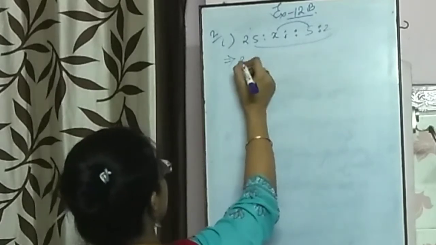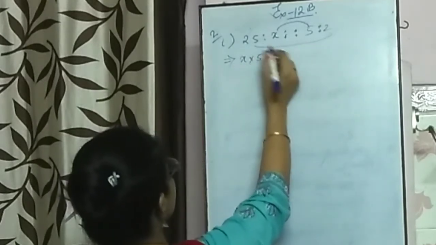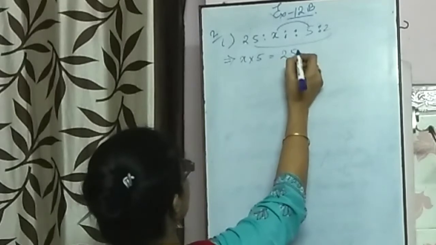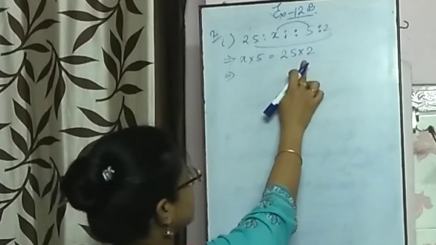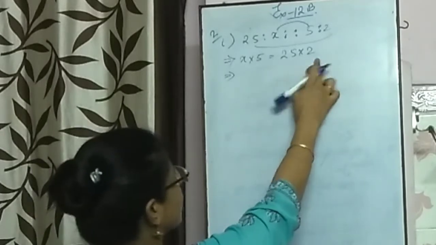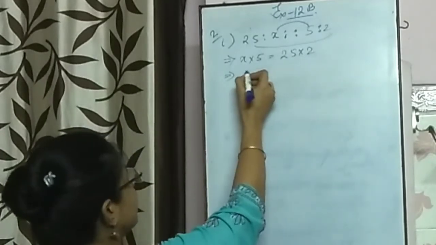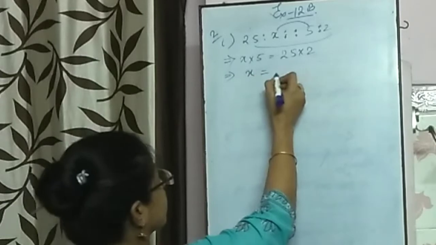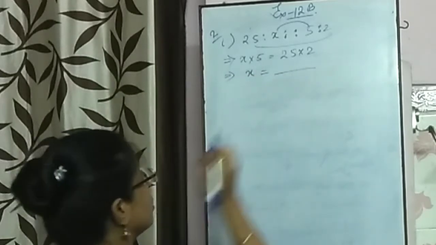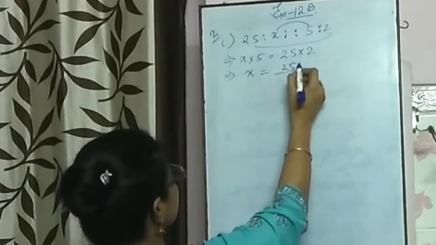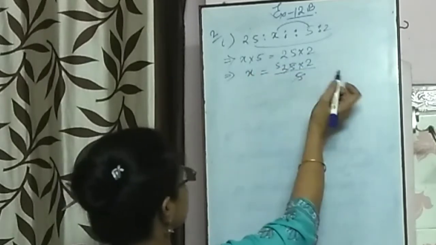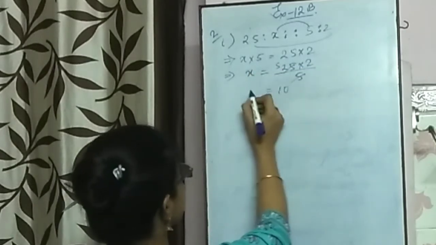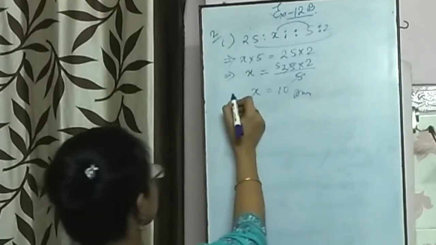So x into 5 is equal to 25 into 2. Now in a short way I will not find the answer of 25 twos are how much. We know that it will come as 50, but still I will not do it because I have to divide it by this 5. So 5 got cancelled, here it comes 10, x value comes 10.